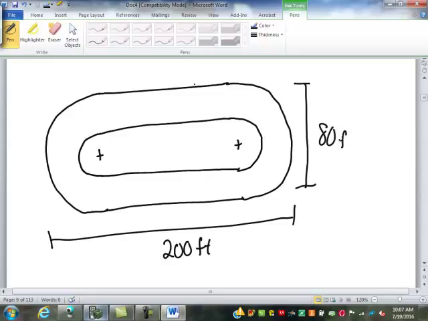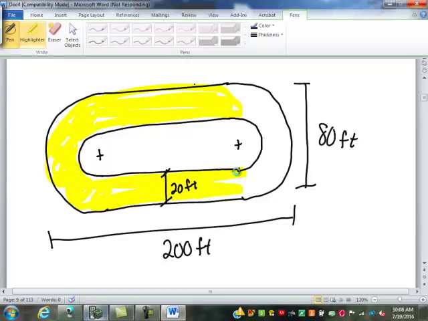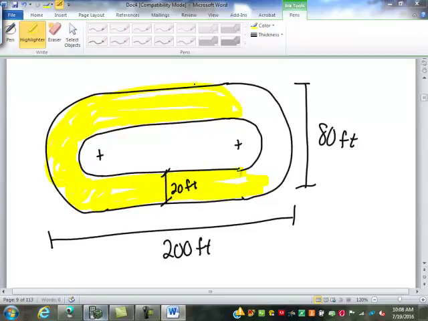And 80 feet wide. This piece here is 20 feet. I want you to find the area of the track surface itself. In other words, what I'm shading in yellow here.